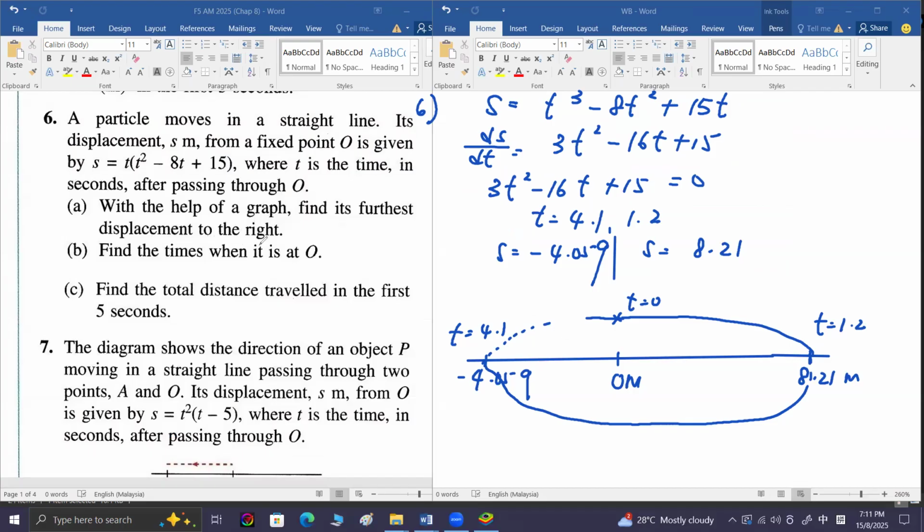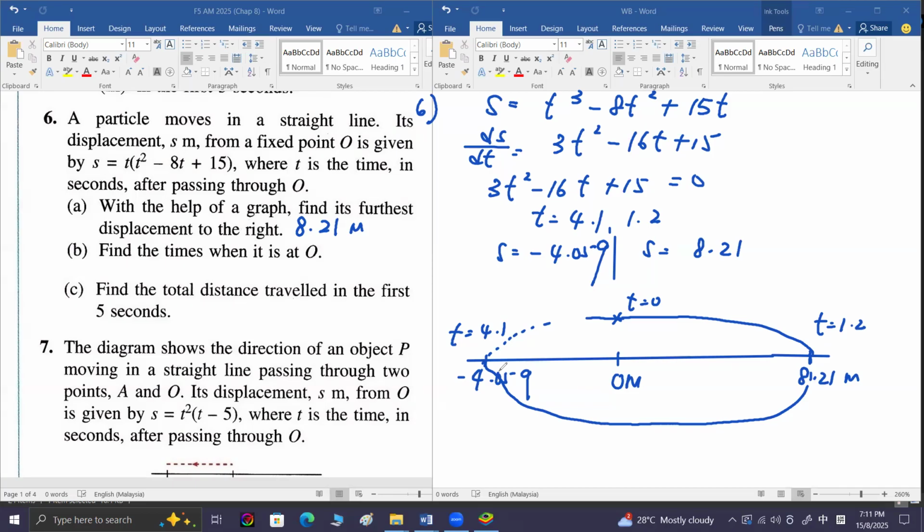Find the times when it is at O. Wait, furthest not yet. Furthest displacement, 8.21, is greater than this.